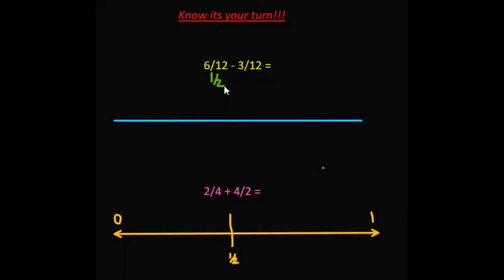So now we know that 3/12 is less than half and is close to, it is an equal amount of space to the half and the 0. So you can do it any way you want. You can make it move any way you want.